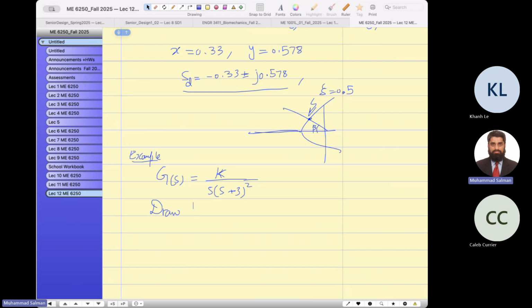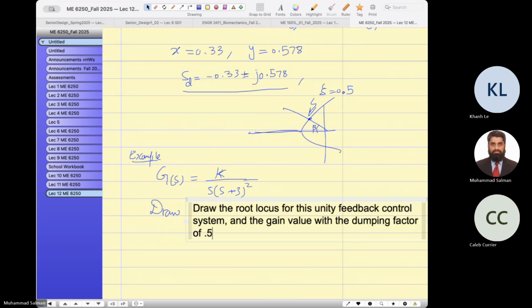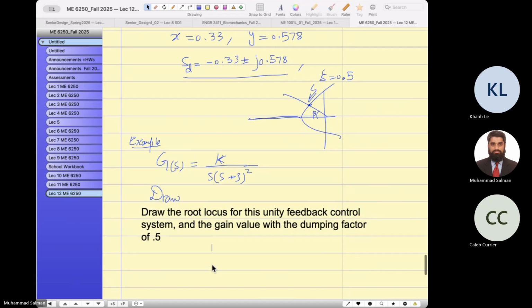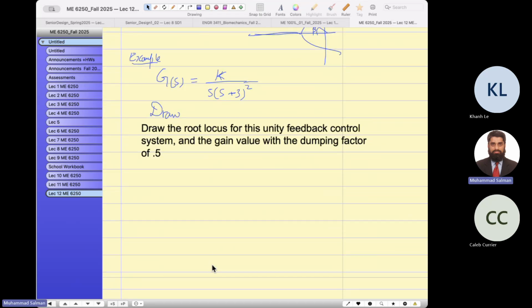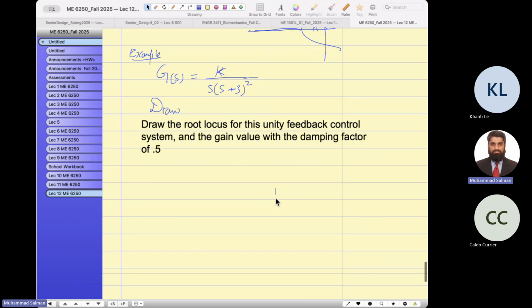Draw the root locus for this unity feedback control system and the gain value with the damping factor of 0.5. It is not the dumping factor but the damping factor, okay? It's the same question, but I have changed the transfer function. So I'm going to show you very quickly.